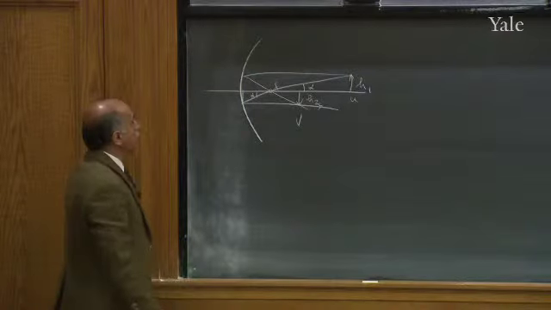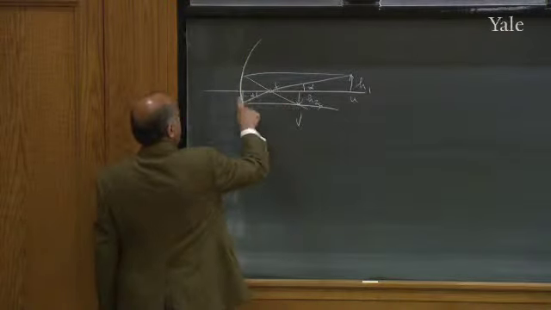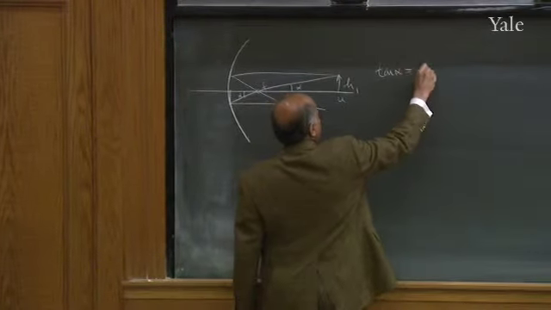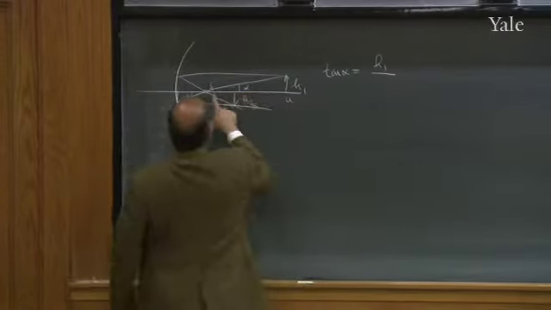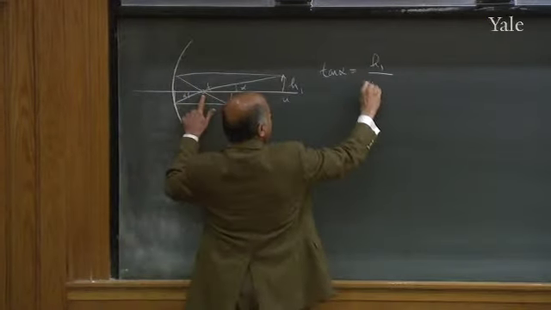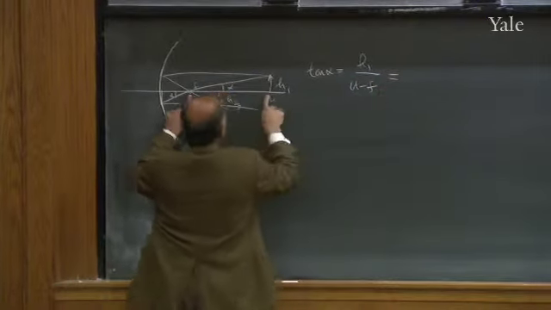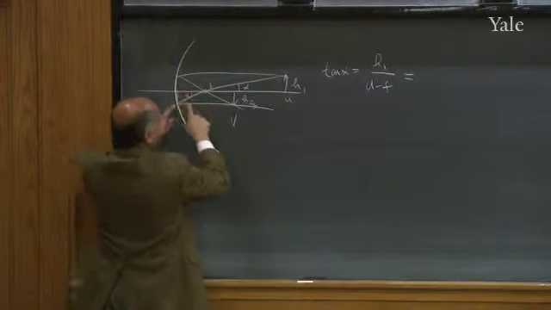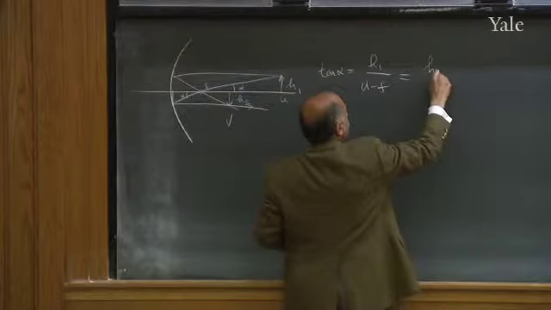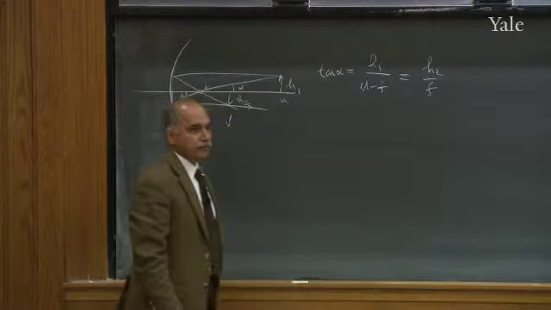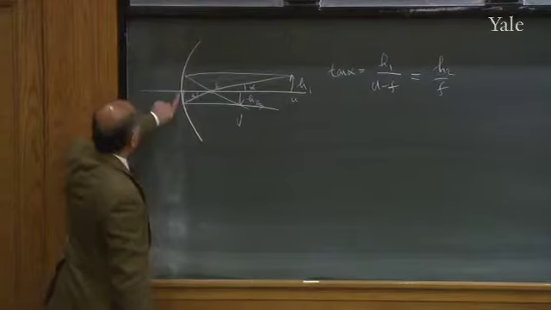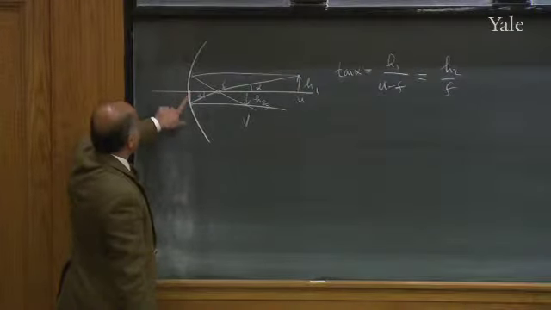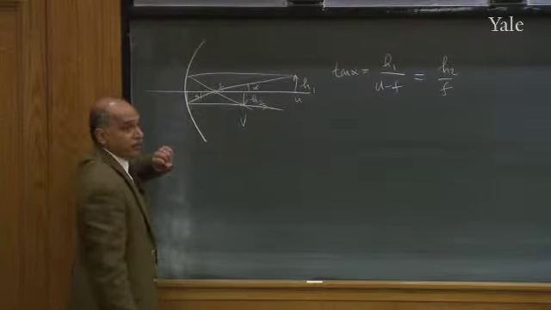Then you equate the tangent of this angle to the tangent of that angle, and you find tan alpha is equal to h1 divided by u minus f. That is equal to h2 divided by f. It's actually not quite f, it's f minus x squared, but x squared is negligible compared to f, so we won't worry about that.